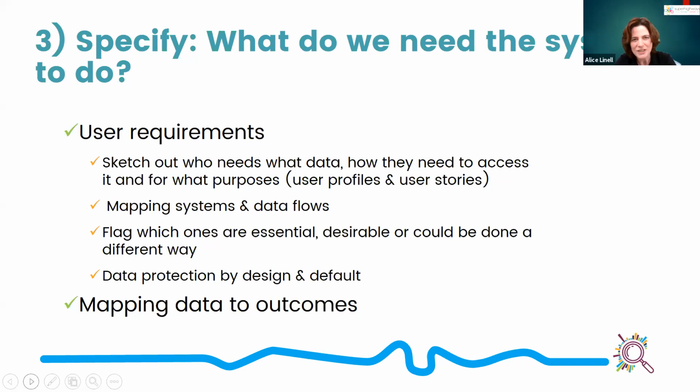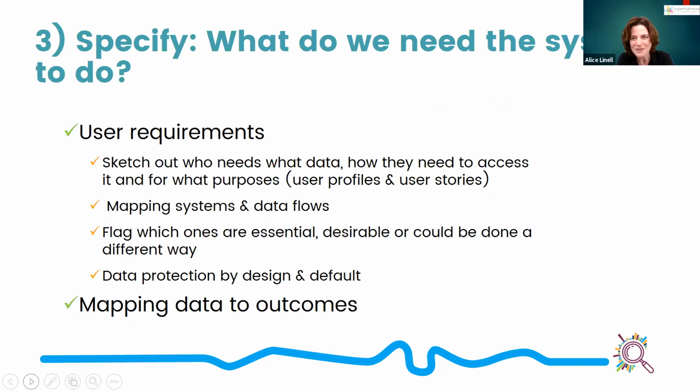And so we put together some templates, which we're going to move on to in a second, called user profiles and user stories, which are quite well known. If you Google them, you'll see there's 1,000 examples out there of them. But they're a really good way of capturing what people need in a normal human way of talking about things, rather than in a functional requirements specification or something.